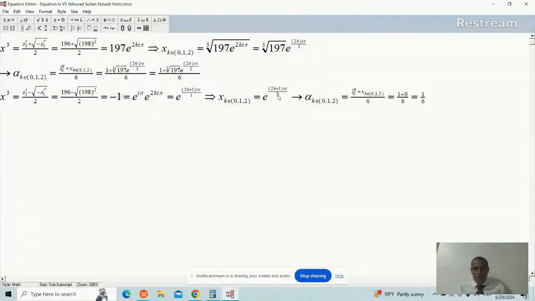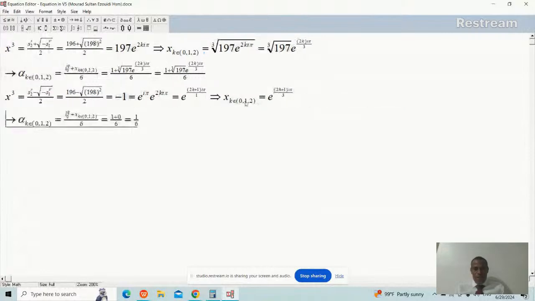When k equals 1, you will get minus 1. That means here we also have a real root, which is minus 1. Now, alpha k is, I will go down if it is possible. Alpha k equals what exactly?